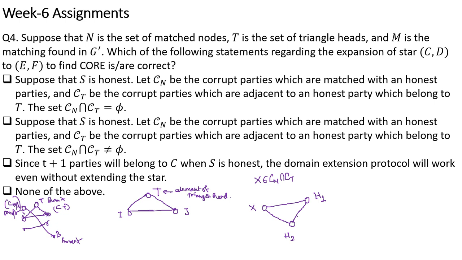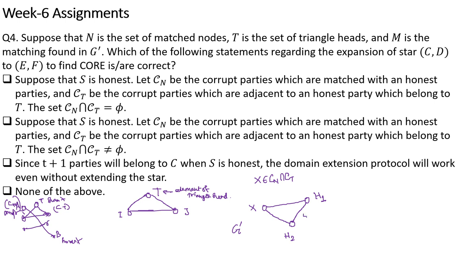Now let's understand whether this is possible in a graph if S is honest. So one thing to notice is that we are in G prime, right? In G prime there is a matching edge between X and H1. X is a product party, H1 is an honest party, and in G prime there is an edge. So X is adjacent to another honest party H2, where H2 is an element of triangle head. So H2 has adjacency with both X and H1.